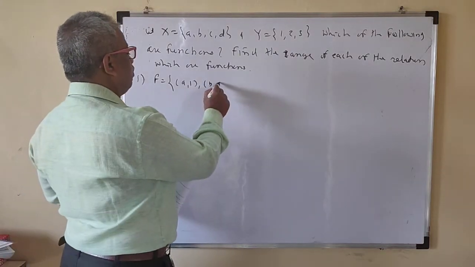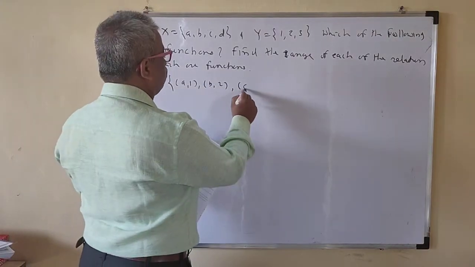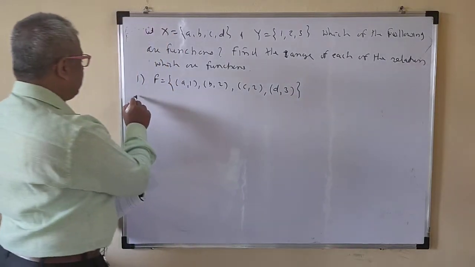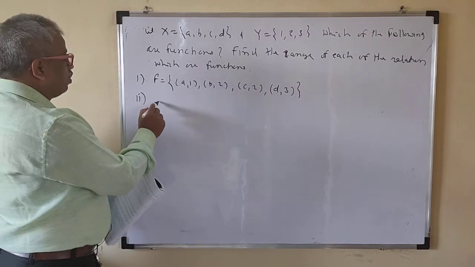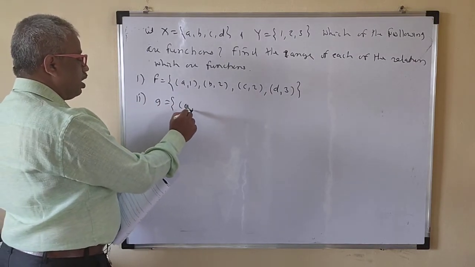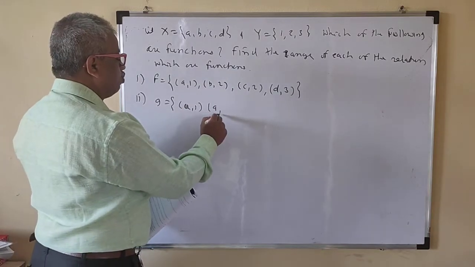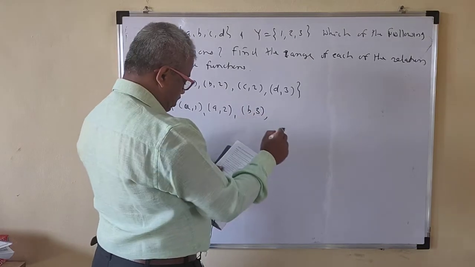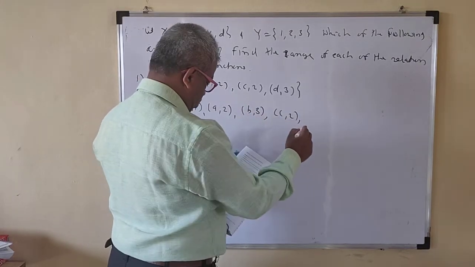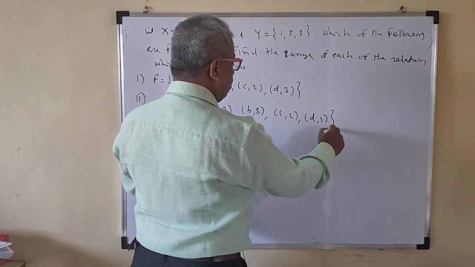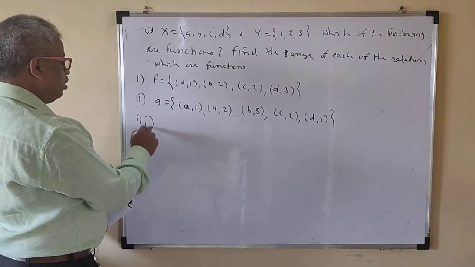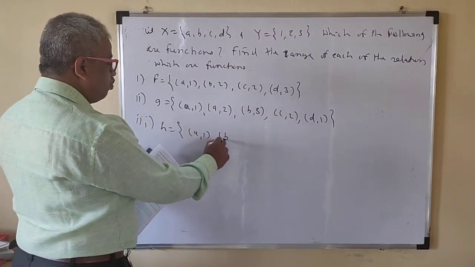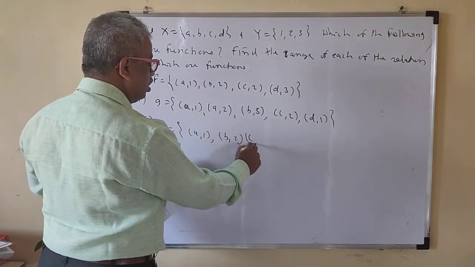The first relation is F equal to {(A,1), (B,2), (C,2), (D,3)}. The second example is G equal to {(A,1), (A,2), (B,3), (C,2), (D,1)}. And the third example, H is equal to {(A,1), (B,2), (C,3)}.